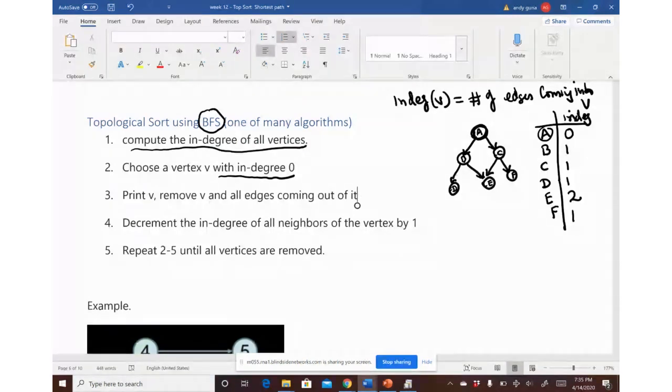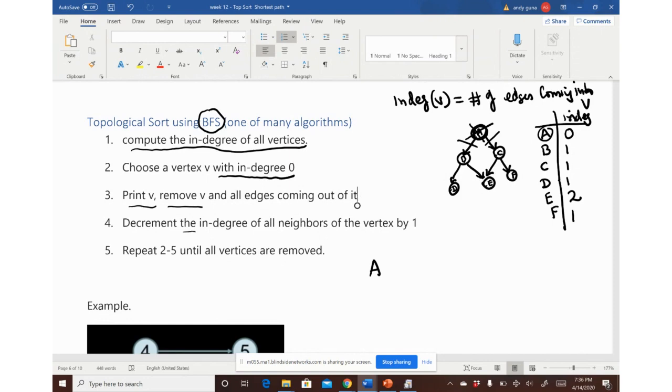And then what we do is we print that vertex A, and then remove that vertex, and all edges coming out of it. So get rid of these edges. And now we have a graph like BC and so on.